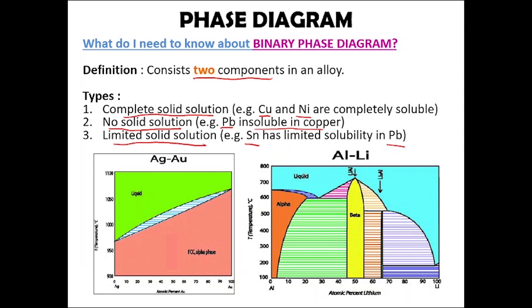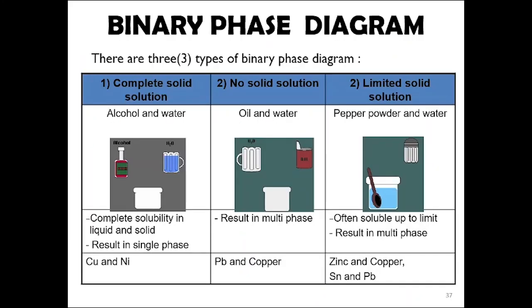So only a certain percentage of Sn can be put in Pb where they can mix and form single phase solid solution. After that solubility limit, we will see the separated element in the solid solution. The three types of binary phase diagram are explained better in this slide.